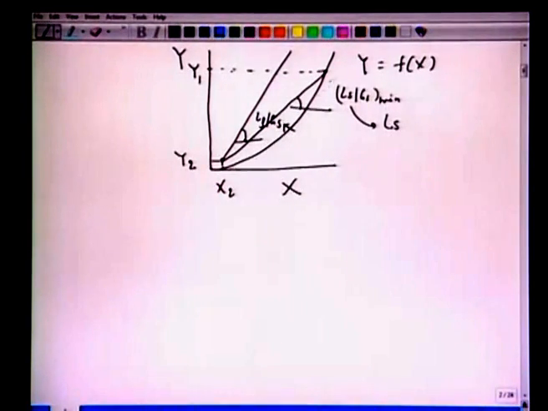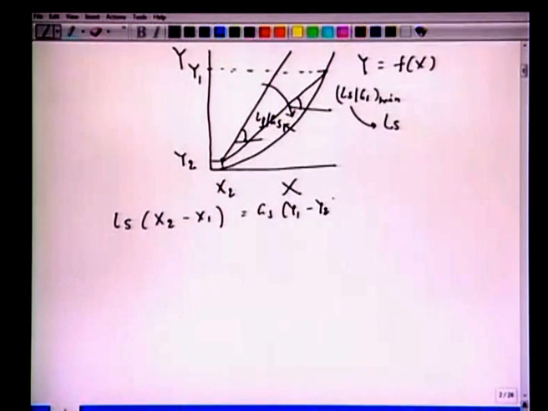But let us also try to understand that this is the operating line. We can write down the equation for this operating line as Ls (x2 minus x1) equals Gs (y1 minus y2).